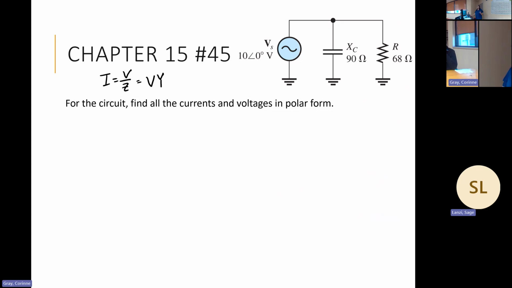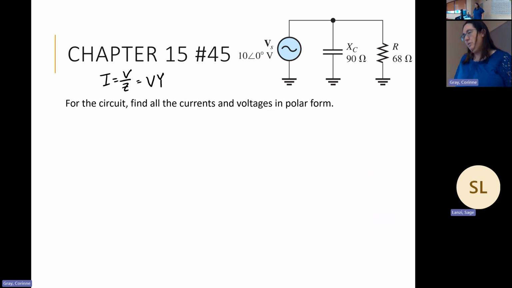Okay, so it is a sine wave, but we do need the angle because when we're using Ohm's law for Z and Y, technically we should be utilizing the angles. So that's why the angle is given here. We'll worry about Z or Y in a second.